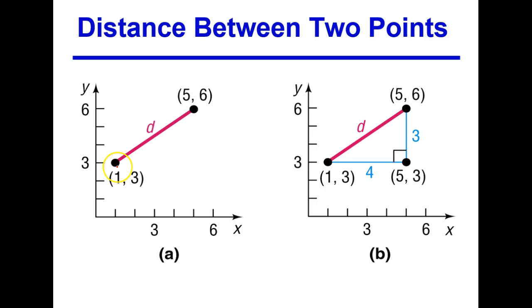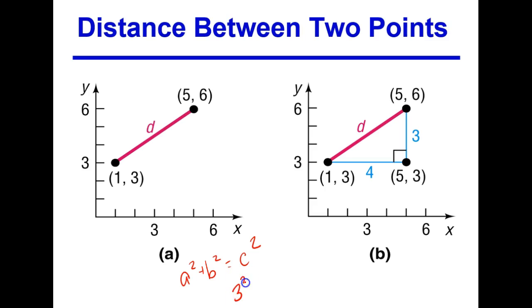Before we actually get into the distance formula, there's an easier way to do this. I can just turn this into a right triangle. As you see over here, just connect both sides, and I have a right triangle with one leg being the length of 3 and one leg being length of 4, and the hypotenuse being this length of D. I can use my Pythagorean theorem, a squared plus b squared equals c squared, with a and b being the legs.